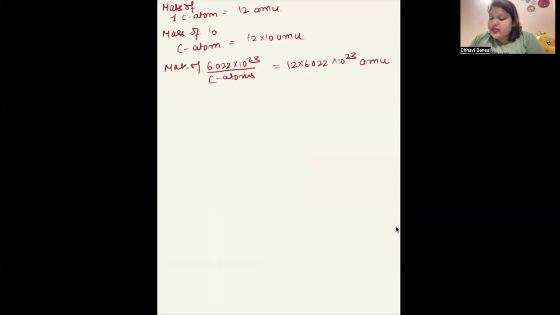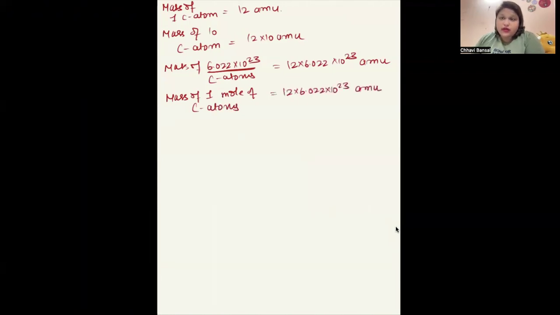Can I write this 6.022 into 10 raised to 23 as 1 mole? So can I replace it as mass of 1 mole of carbon atoms is equal to 12 into 6.022 into 10 raised to 23 AMU, right? Now, if I put the value of 1 AMU, what is the value of 1 AMU? 1 AMU is equal to 1.67 into 10 raised to power minus 24 grams.